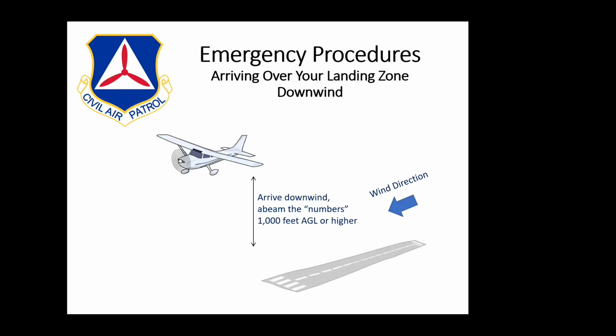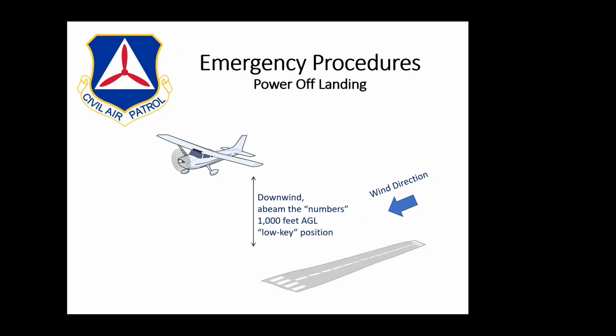Keep in mind, by the way, the airplane goes the same way; the wind direction switched here. So now I am actually downwind. So now we've hit downwind, we've arrived abeam the numbers, 1,000 feet AGL or higher. Okay, essentially our low key position, if you will.